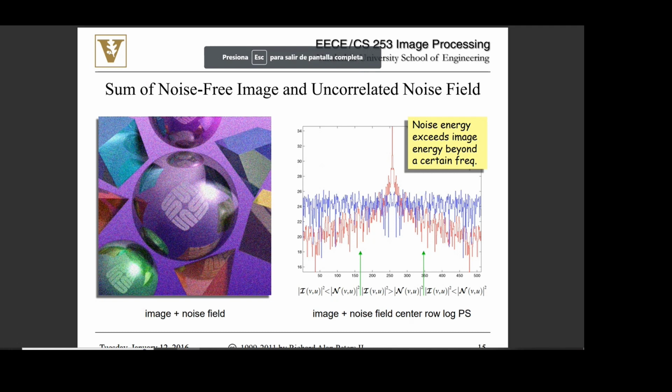So actually, that is the reason why low-pass filters are good for us, because at some point the information that I see is dominated by noise. But for the low frequencies, that is not the case.